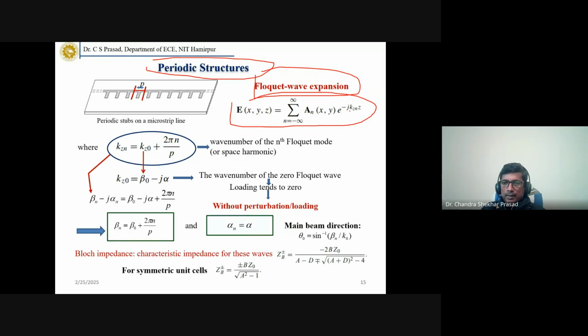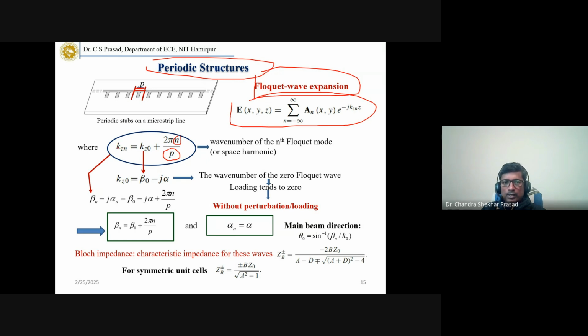Here, this kzn represents the nth space harmonic, and this will be kz0 plus 2 pi n by p, where p is the length period, you can say space period, and n represents the number of harmonics, meaning which harmonic.